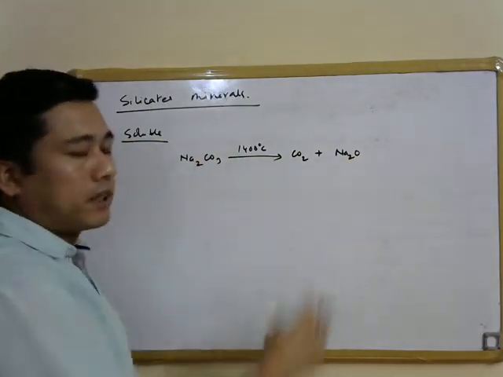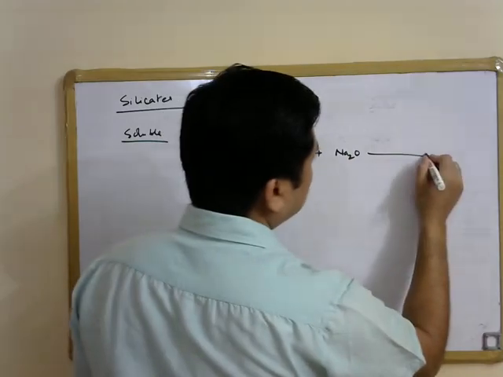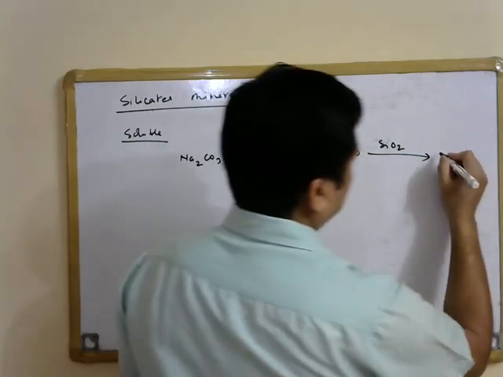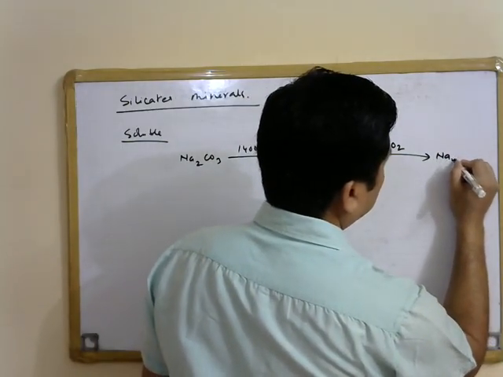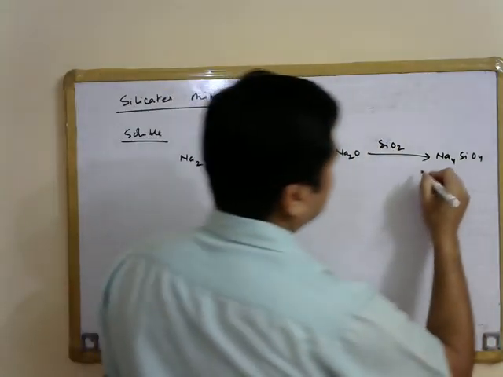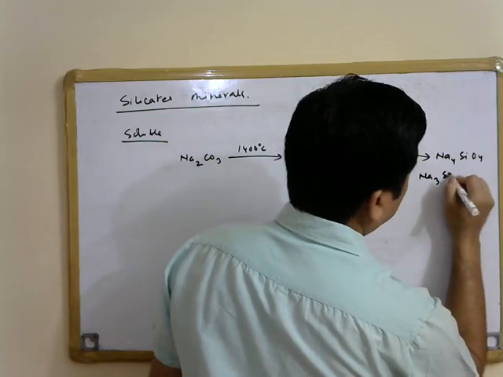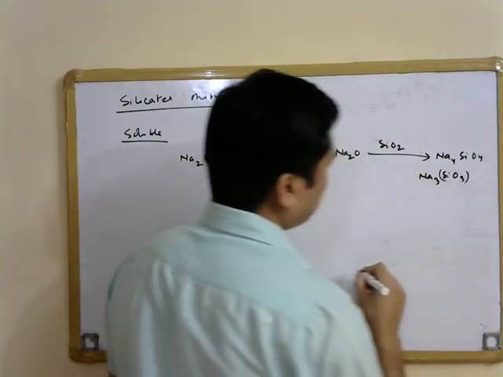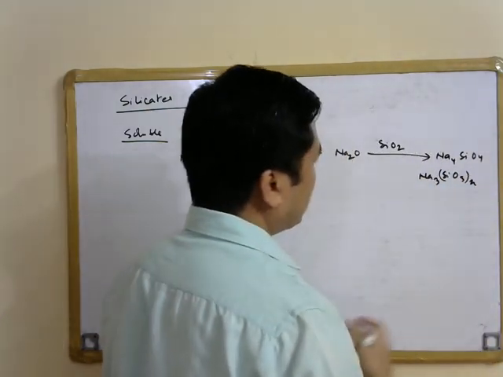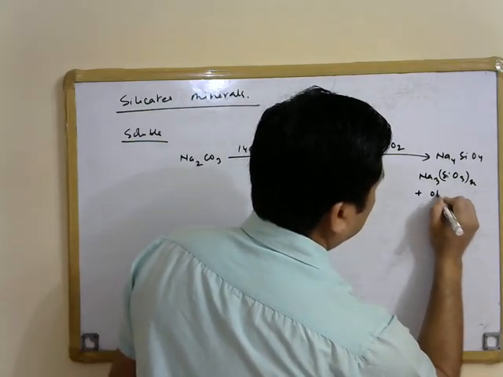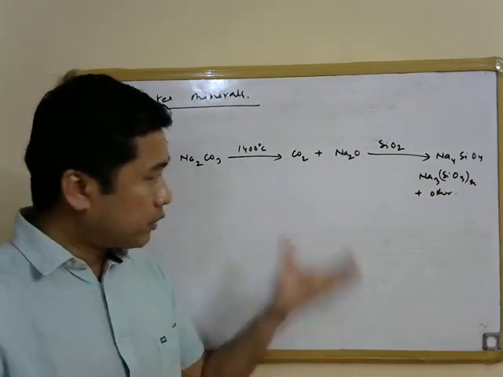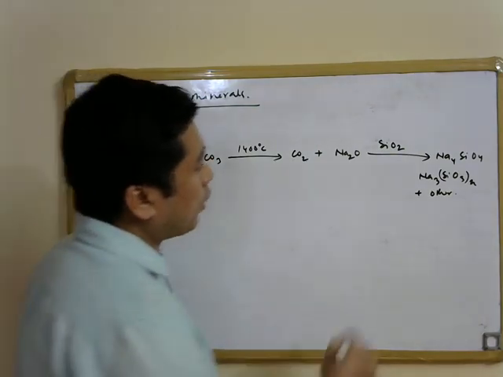Now this sodium oxide, which is basic in nature, is going to react with silica, which is an acidic oxide. Then we form soluble silicate minerals like Na4SiO4 as well as Na3SiO3, plus other sodium silicates as well. This mixture of compounds that is formed is essentially soluble in hot water.